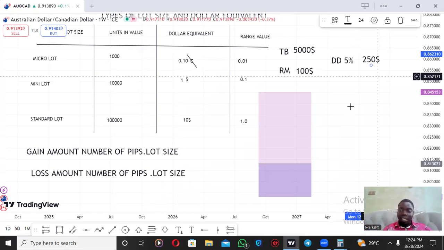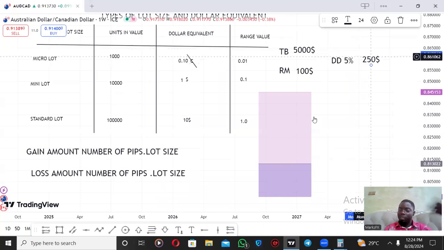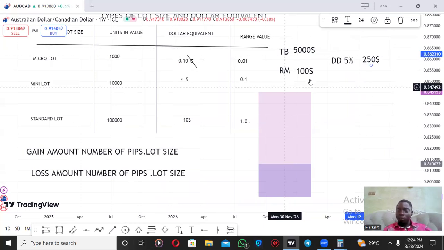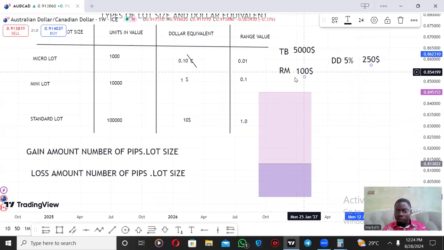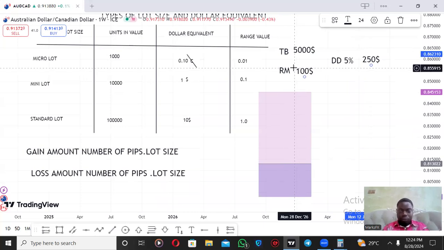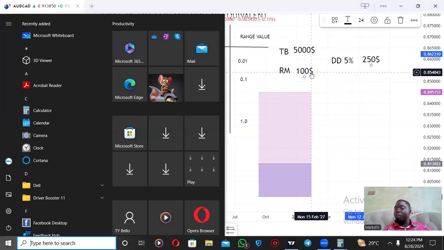Now, technically, I want to risk $100, but my daily drawdown is $250, so I'm still safe. So if I want to use 0.05 on this account, my risk amount is $100 to trade with. This $100 is still under a micro lot.